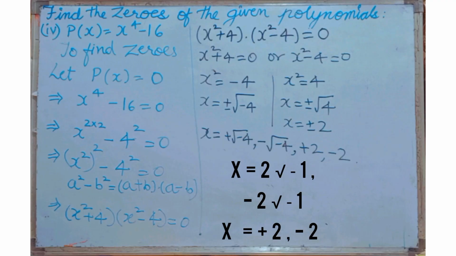Since root of 4 is 2, we can write root minus 4 equal to 2 root minus 1, and minus root minus 4 can be written as minus 2 root minus 1. The other two zeros are plus 2 comma minus 2. Since the roots of negative numbers are not explained now, you just write it as 2 root minus 1 and minus 2 root minus 1. This you will learn in higher classes.